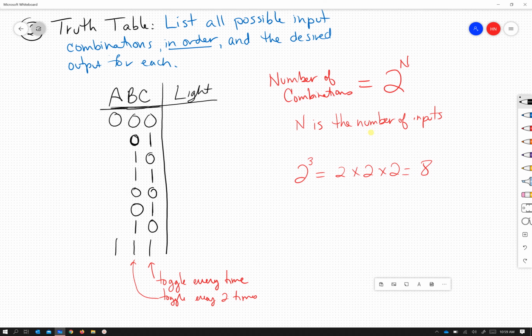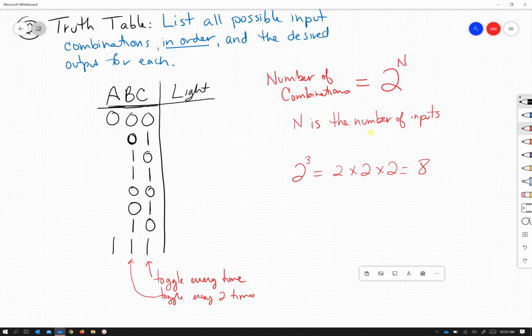And as you keep going, no matter how many inputs you have, you just keep following the powers of 2 or exponents of 2. So it would be 2 times 2. In this case, it would be 4. It's all about binary. Toggle every 4 times. And if I had a fourth column, it would be toggle every 8 times, and then every 16 times, etc. I don't have a fourth column, so I'm not going to do that one, but that's how it would be.